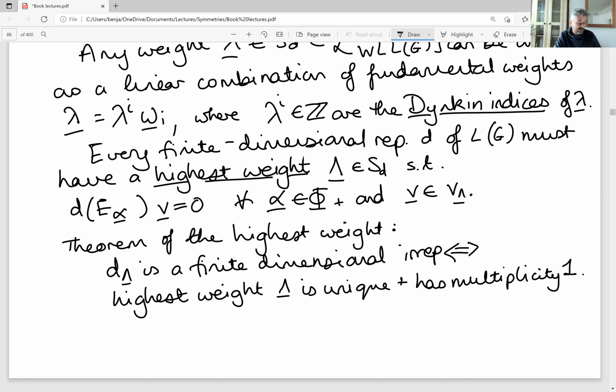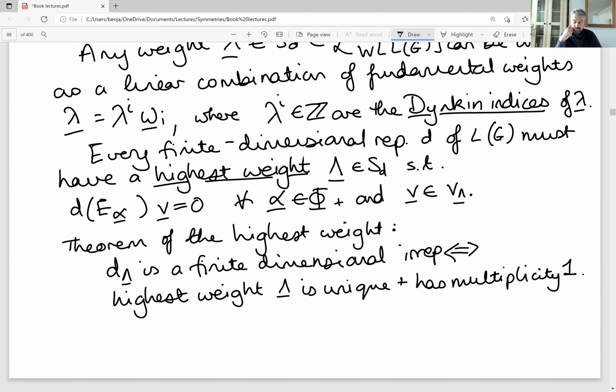Multiplicities of weights in representations are tricky to find in general. One can find iterative equations for them. There's this Freudenthal construction, but again, it's a long thing to prove, and we're not going to go into that.